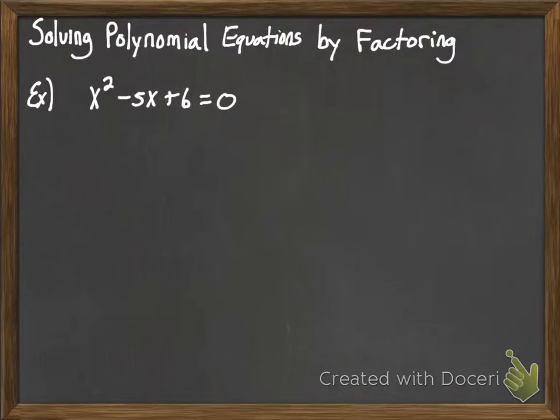A little later in the course, we will actually see a second way to solve these equations as well. And the key idea is something known as the zero factor property.